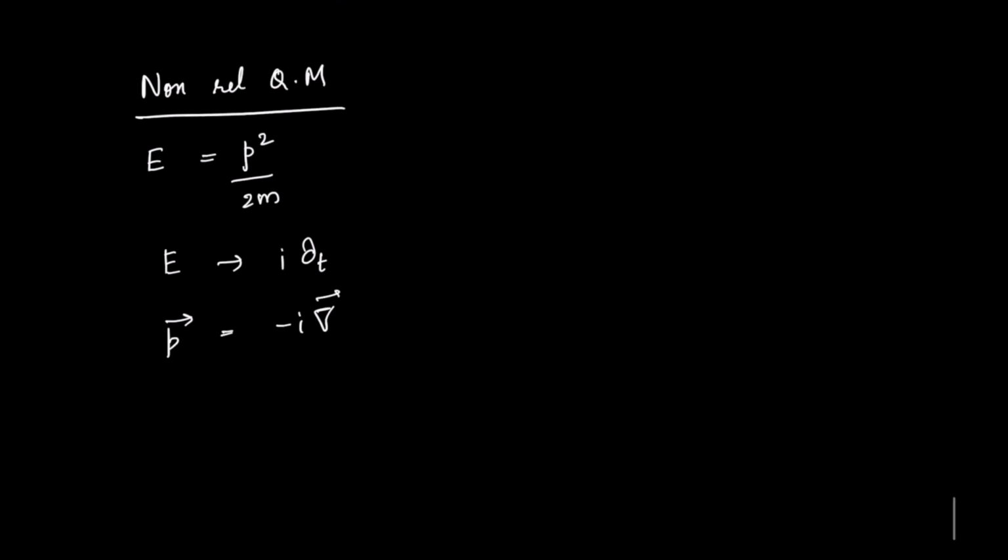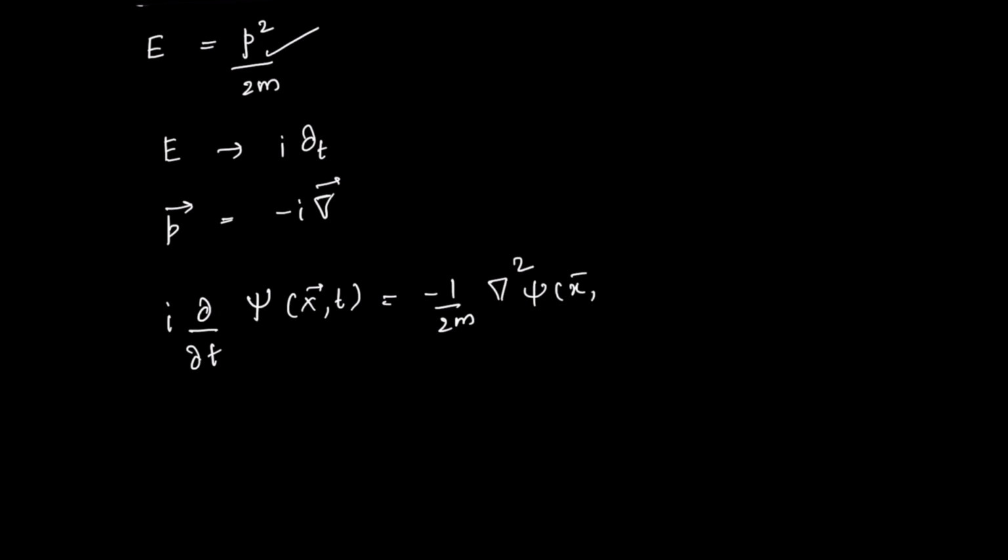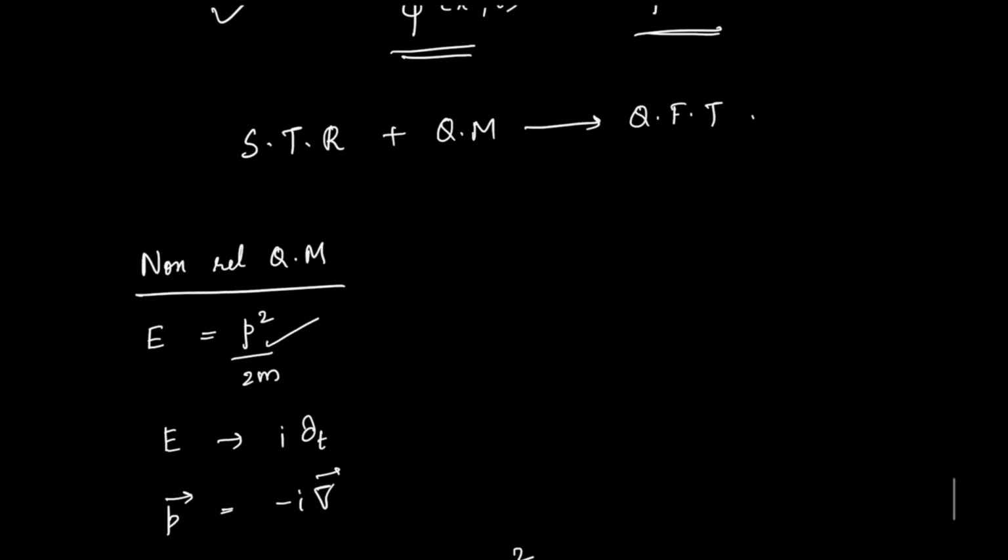If I substitute back into the energy relation, then I will get i d psi by dt equal to minus 1 by 2m del squared psi(x,t), because here there is a P squared. So we obtain the Schrodinger equation. This is for non-relativistic quantum mechanics.